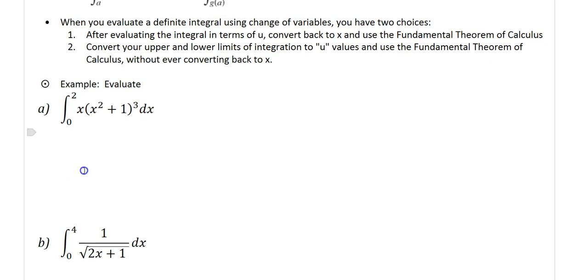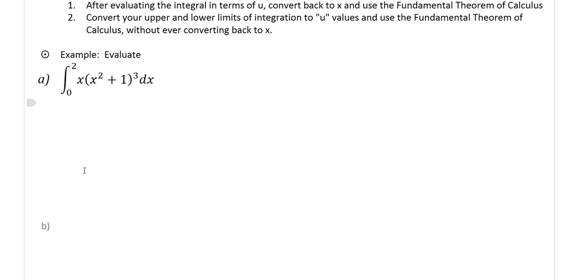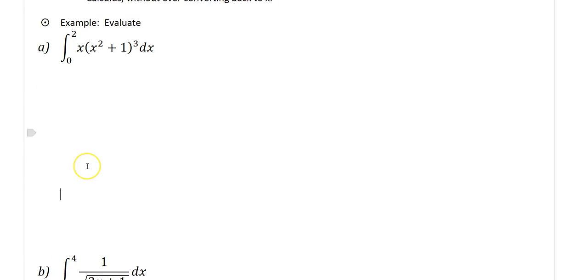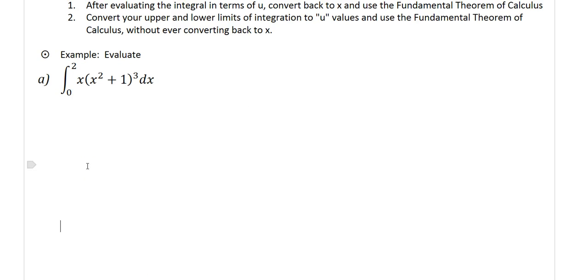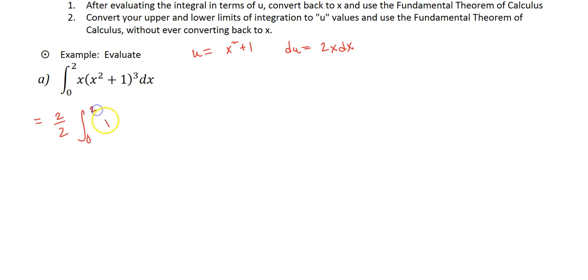So if I'm just looking at the integral from 0 to 2 of x times (x squared plus 1) cubed dx, I would let my u here be equal to x squared plus 1, which means du is going to be 2x dx. Okay, so if I'm going to integrate this, I'm going to multiply by 2 over 2, and I'm going to bring one of my 2's in.